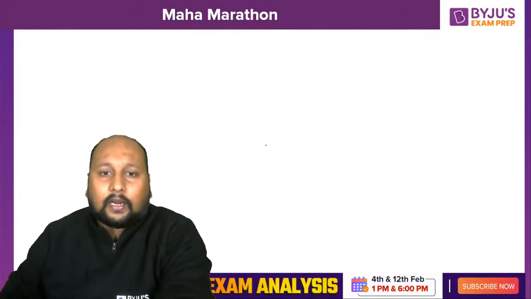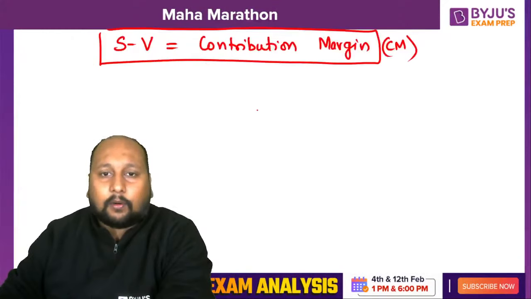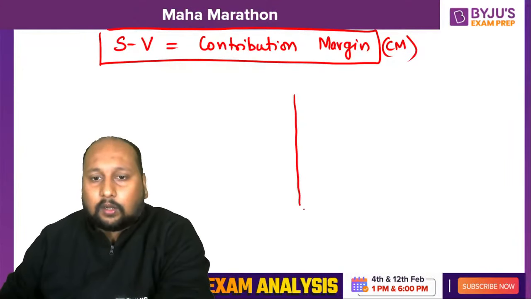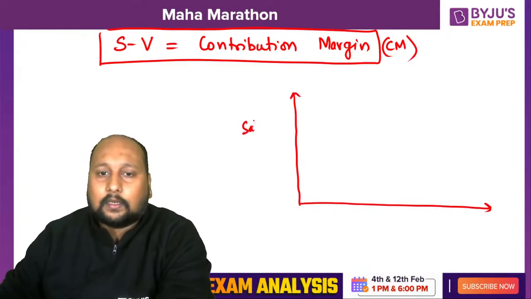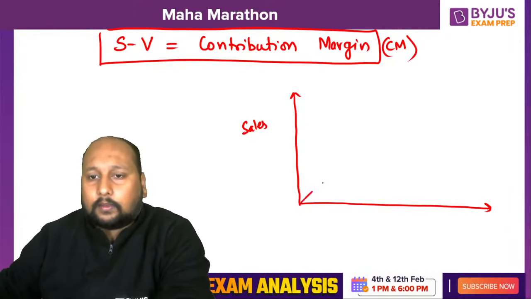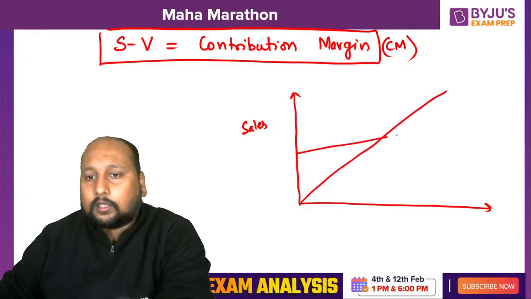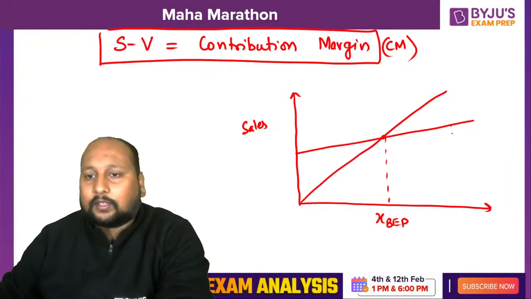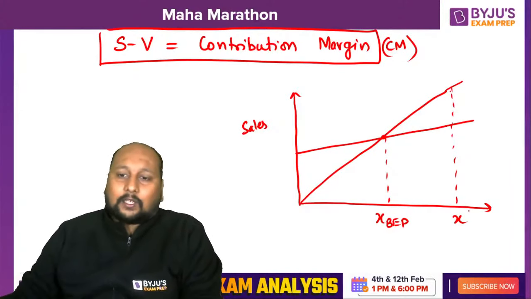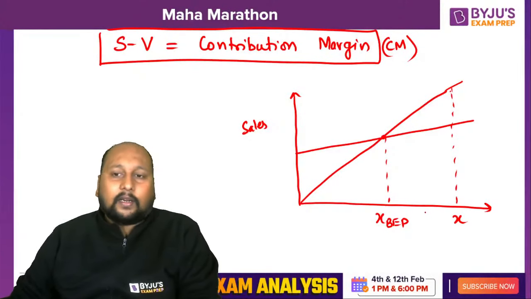Let me explain with the help of this graph. This is the total cost, and this is the total sales. Let us suppose this is X at break even point, where X represents the volume of production. If I manufacture, let's say, X units, are we talking about a profit condition or a loss condition?